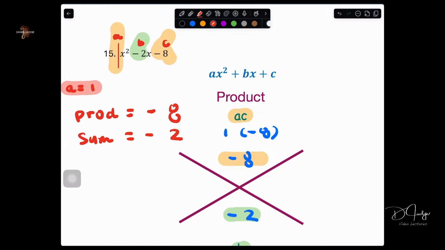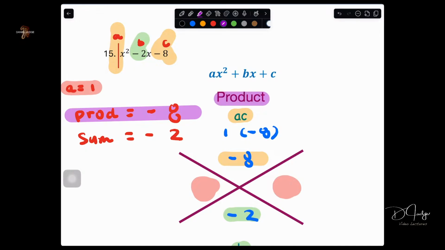Those two numbers will go right here in our crisscross method. So two numbers multiplied together is negative 8, but when added is negative 2. Now, the only way you can multiply two numbers and make it negative is if one of the numbers is negative.